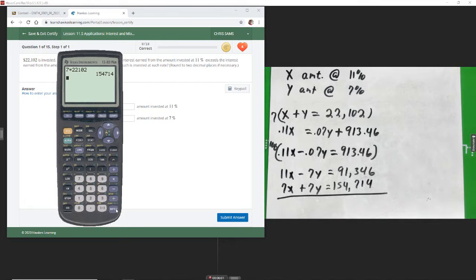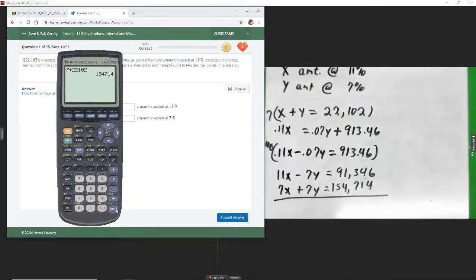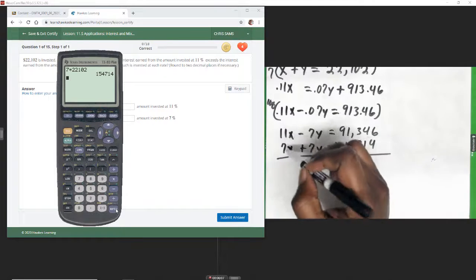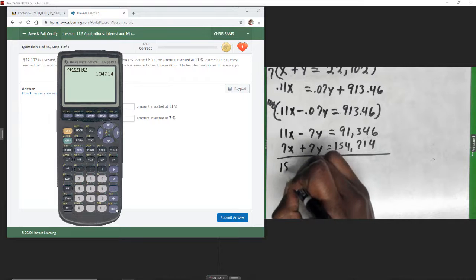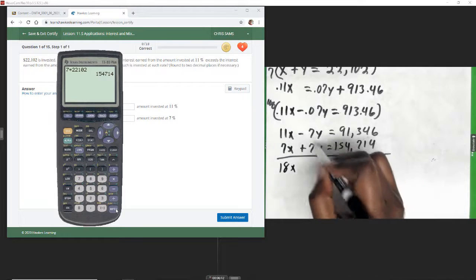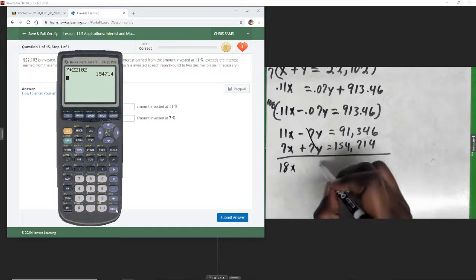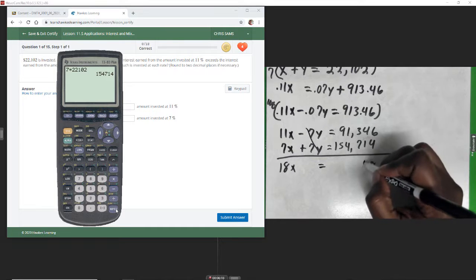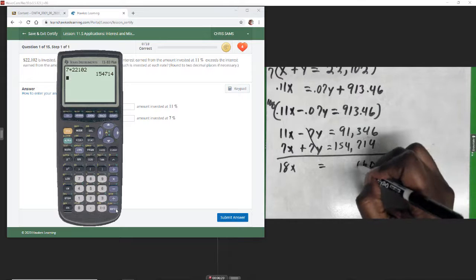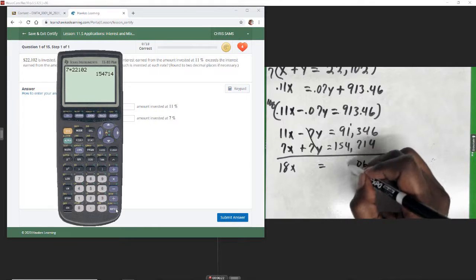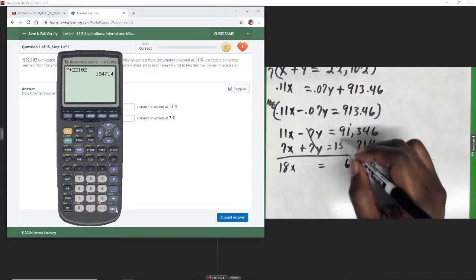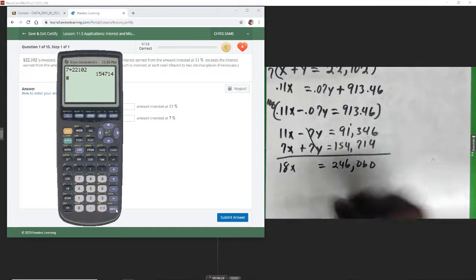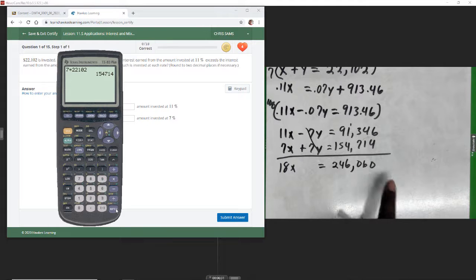All right, so now I'm going to add these two equations together. We get 18x. The y's get eliminated. Equal, 0, carry the 1. That'll be 6. 0, carry the 1. And that'll be 6. 14, carry the 1. So I get 246,060.